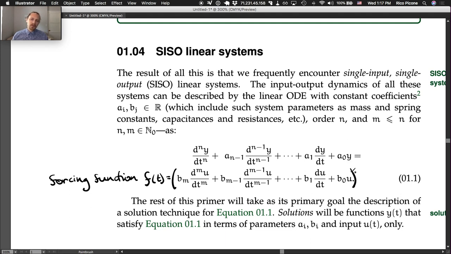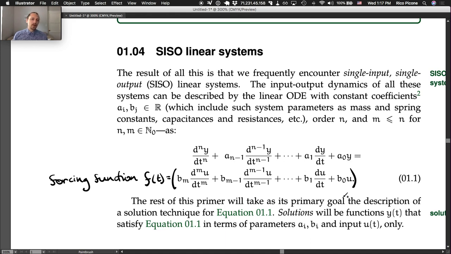And if b0 is just 1, then f is equal to u. So the forcing function is equal to the input. But that's actually not generally true. So the forcing function is this whole object. The input is u. Okay? So that's a little bit of terminology. We're going to use forcing function a lot more than input in these later lectures.